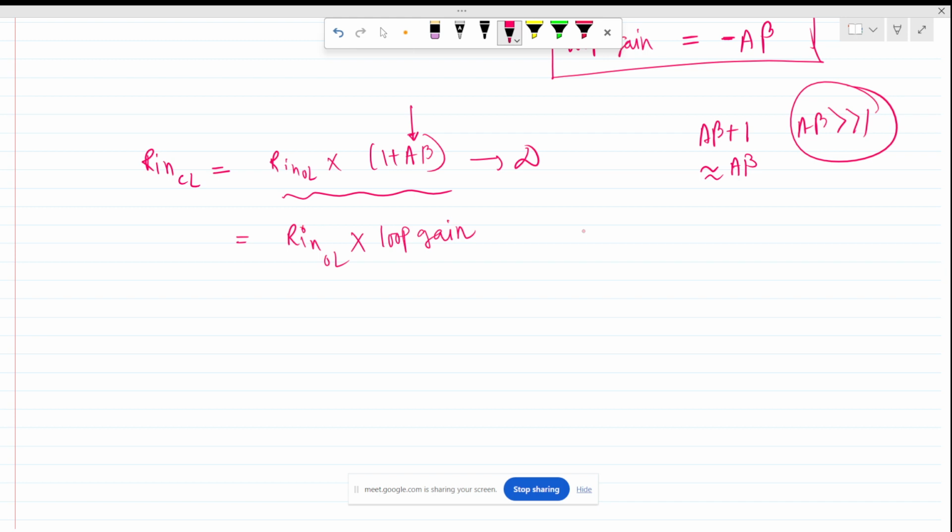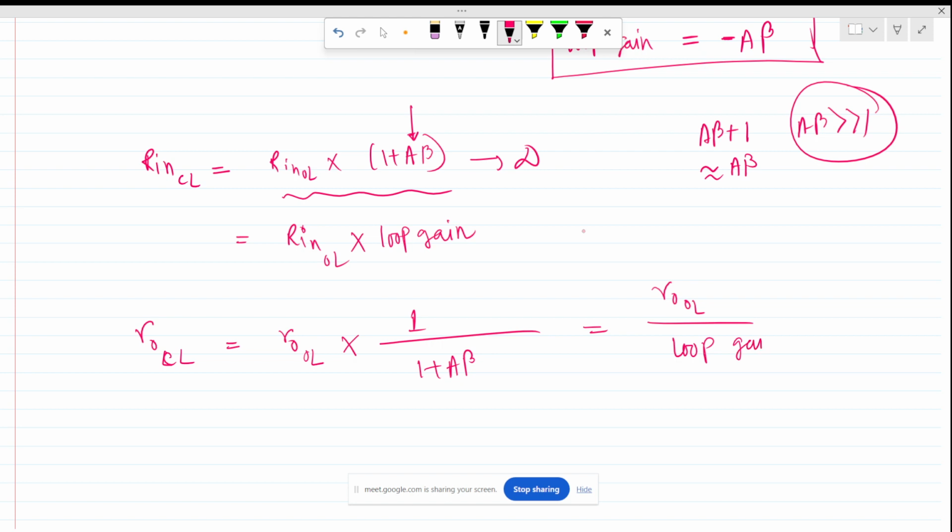Then what will be the R out closed loop? We know that ideally, for a voltage controlled voltage source, the output impedance will be 0. So if we have an open loop R out, this will be reduced by the loop gain, 1 plus A beta. So this will be RO open loop divided by the loop gain.